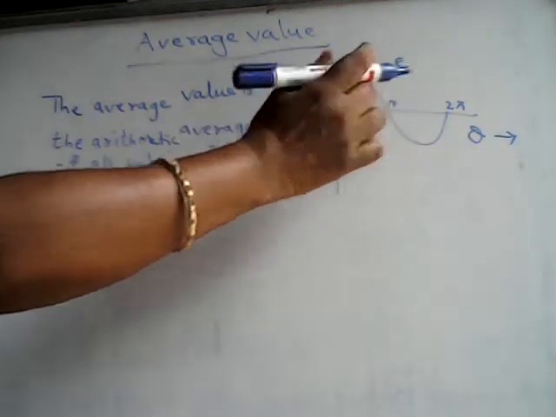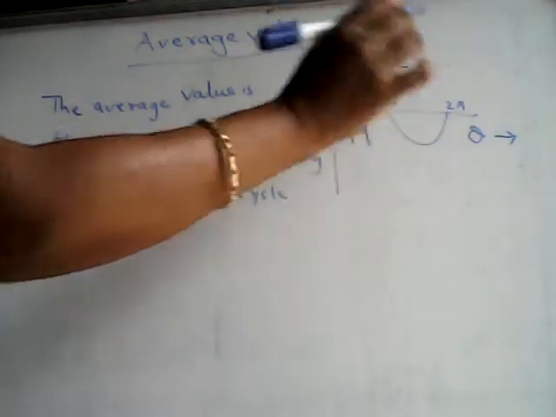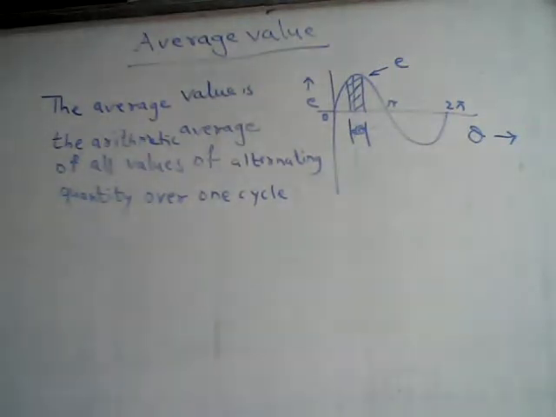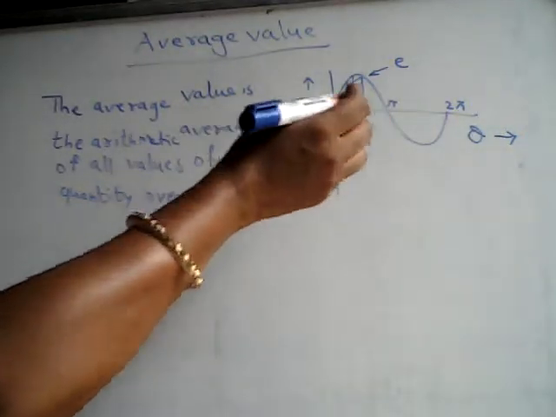Over one cycle means we have considered from 0 to 2 pi now. We have to take the arithmetic average of all the alternating quantity values.